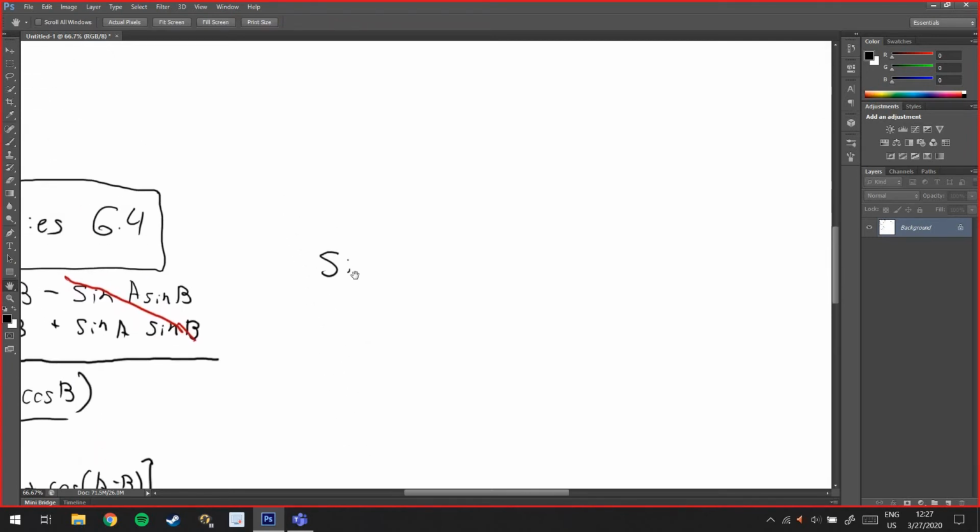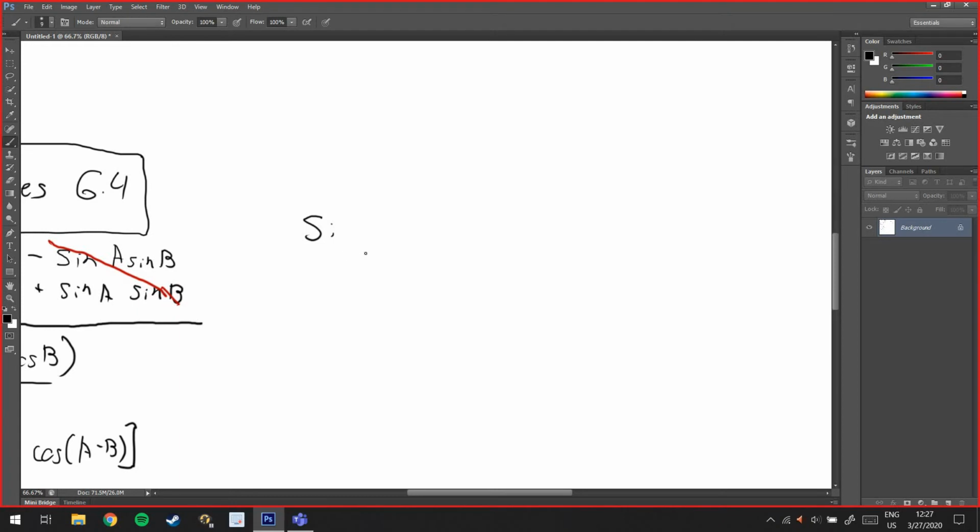I'm going to be writing the formula down here, not to worry about it. So sine x cosine of y equal to half sine x plus y plus sine x minus y.